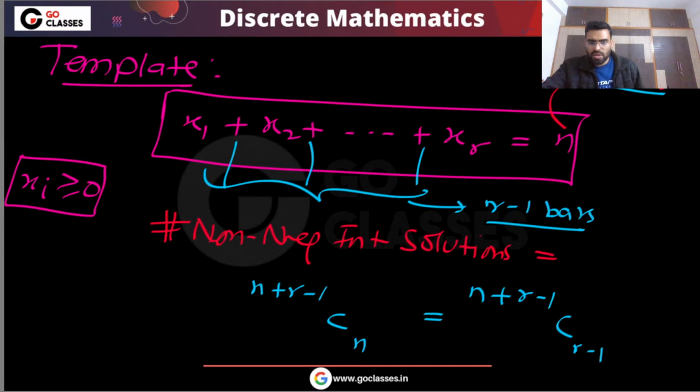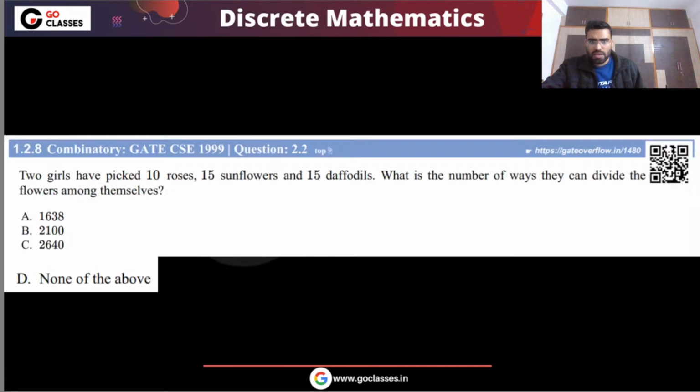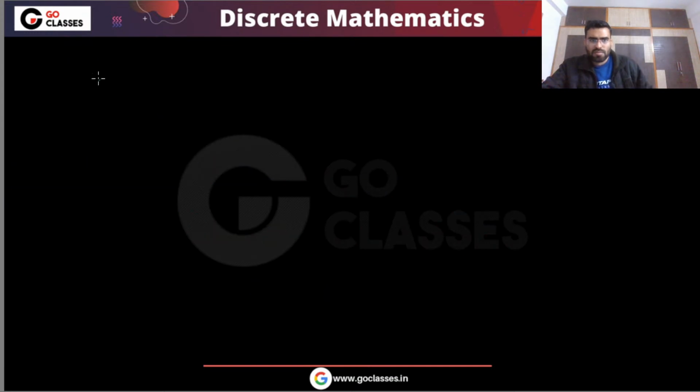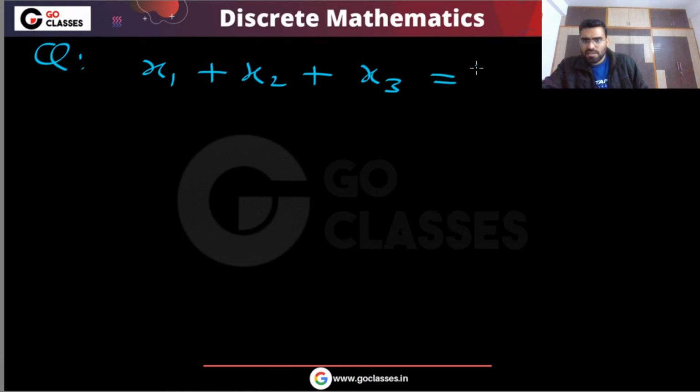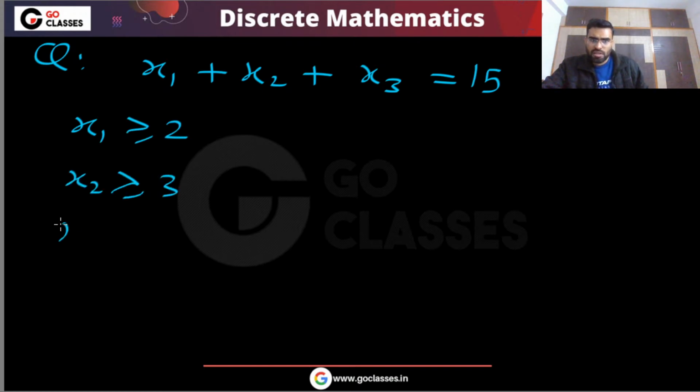Now let's solve this question. Can anyone tell me what is the answer for this? x1 plus x2 plus x3 is equal to 15, where x1 must be greater than or equal to 2, x2 must be greater than or equal to 3, and x3 must be greater than or equal to 0.